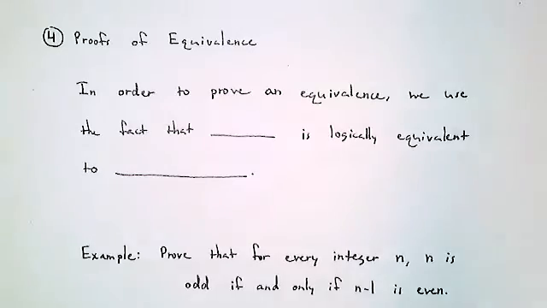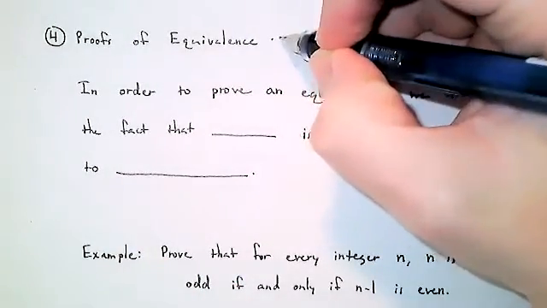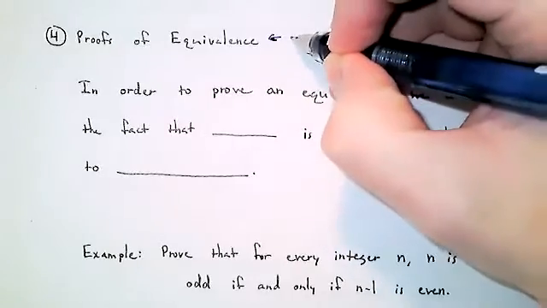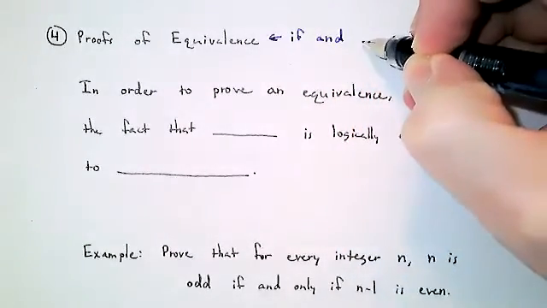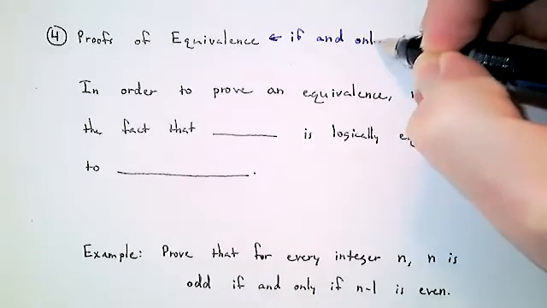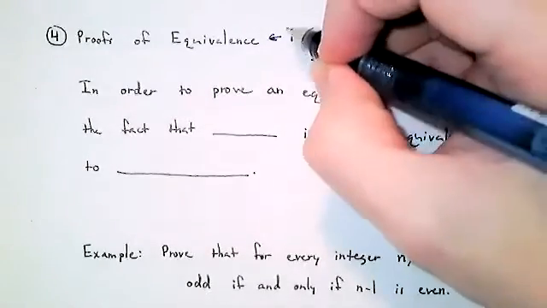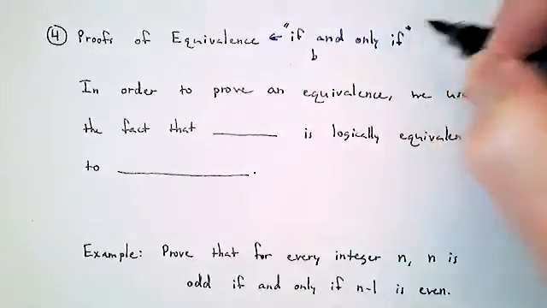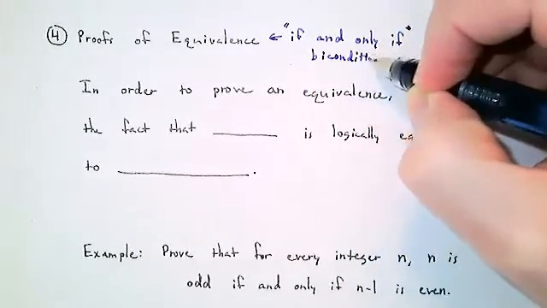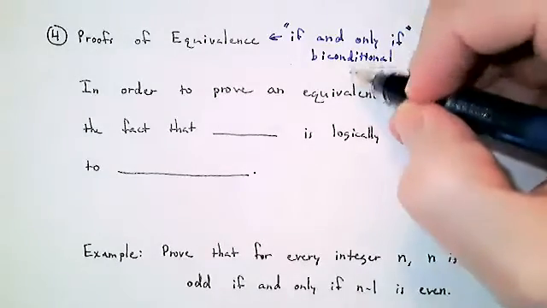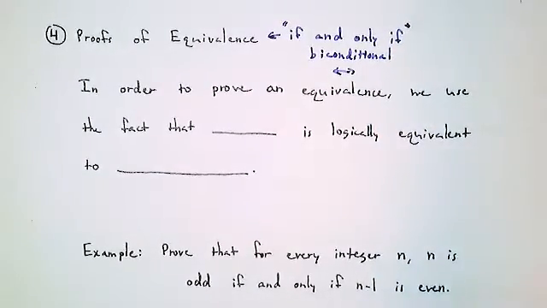So equivalence is related to if and only if statements. That's what we mean by equivalence. Remember, in logic, this was the biconditional, and the symbol for it was the arrow pointing both directions.